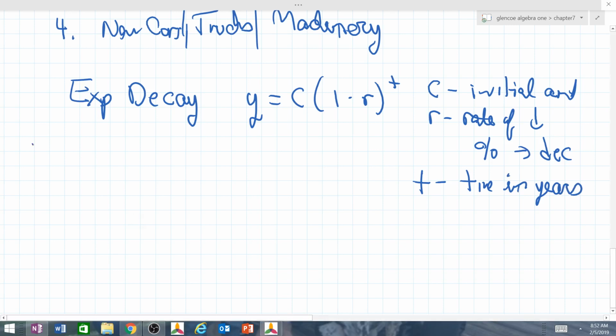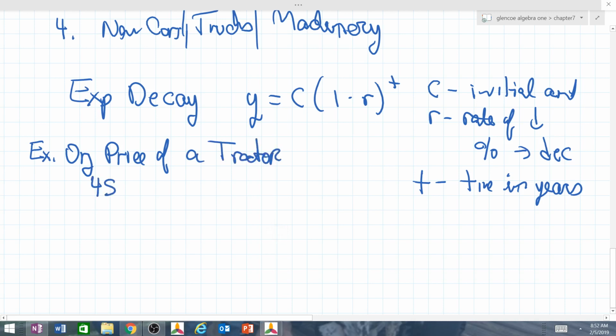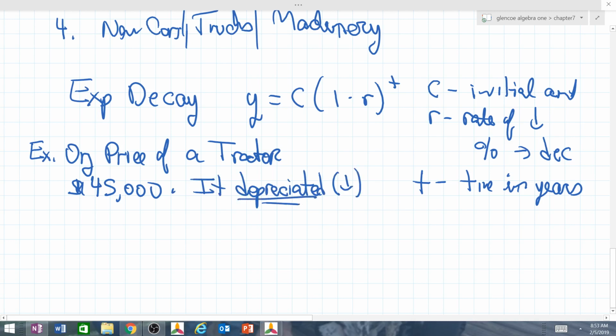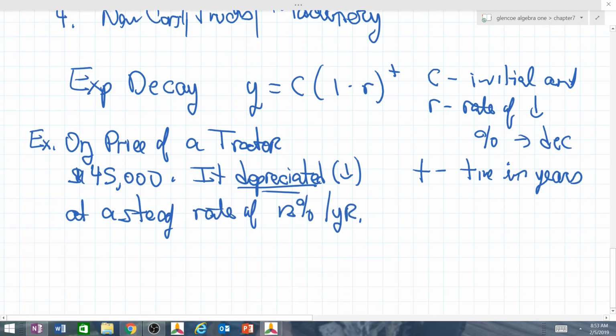The original price of a tractor was $45,000. It depreciated. So whenever you see the word depreciated means decreased or it lost value at a steady rate of 12% per year.